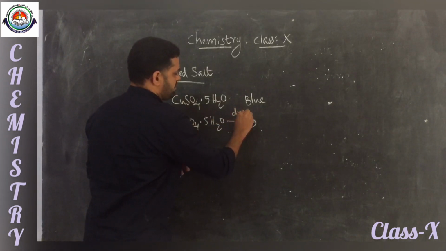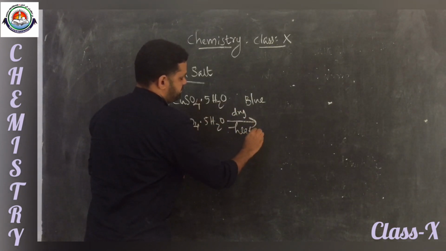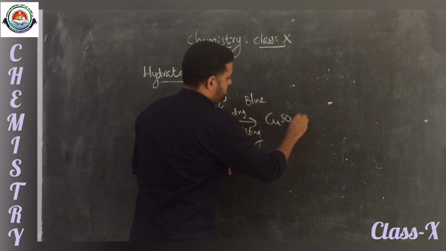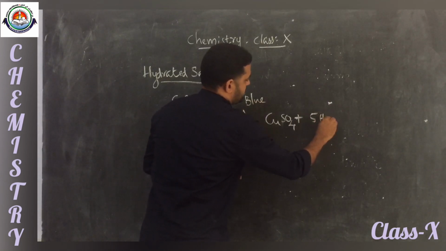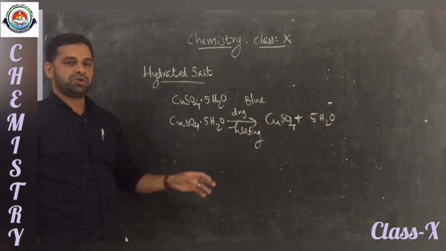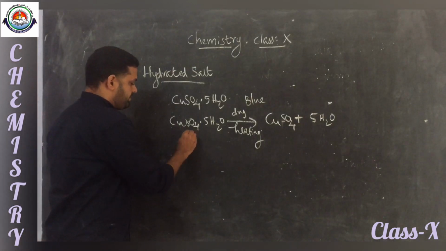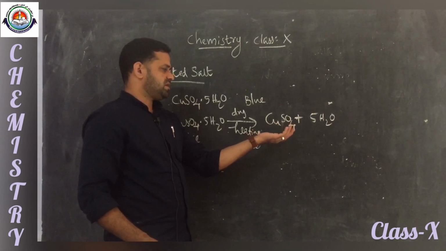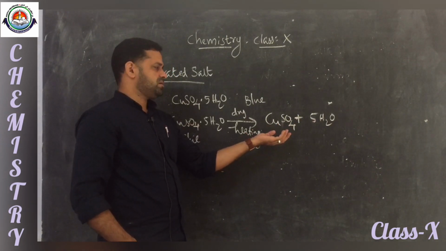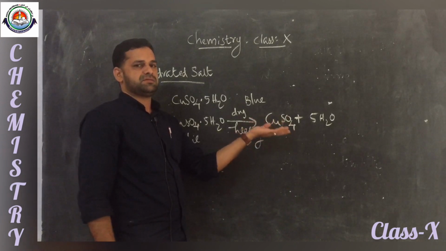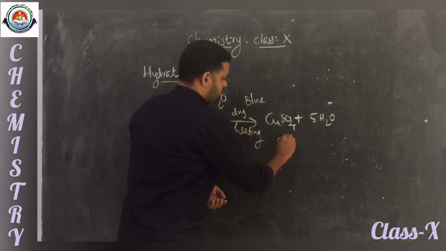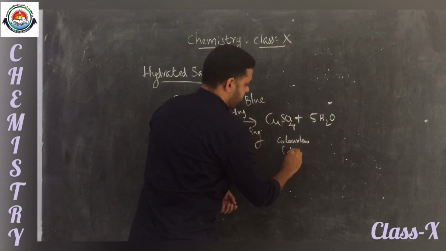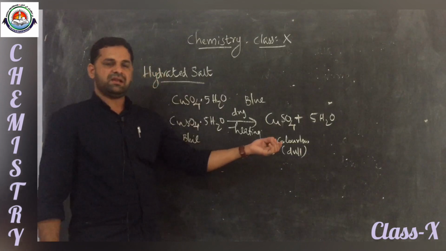On dry heating, it produces anhydrous copper sulfate, so it loses all its water molecules. This is blue in color, but the anhydrous form is a faint white color, colorless or dull appearance, dull white color.